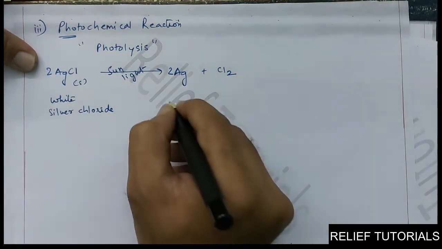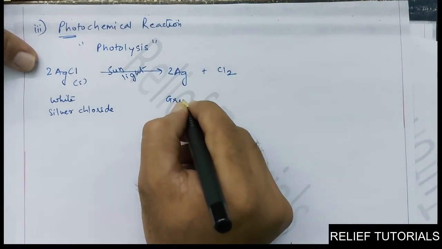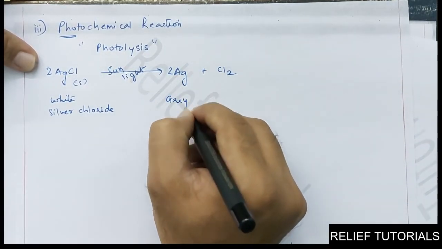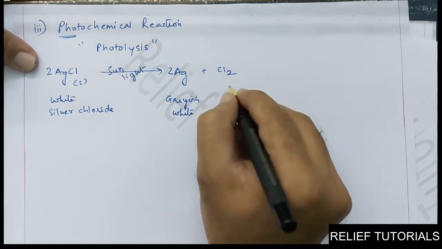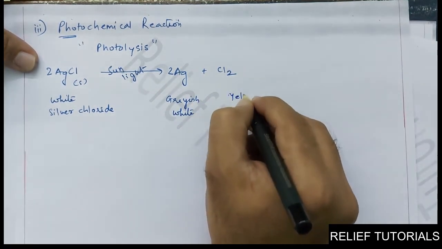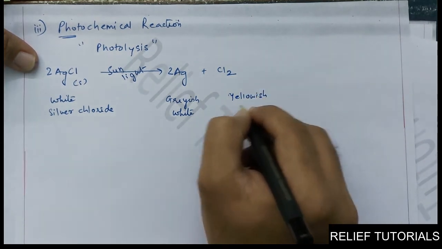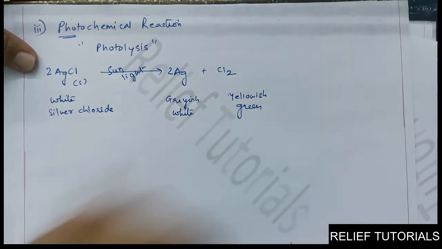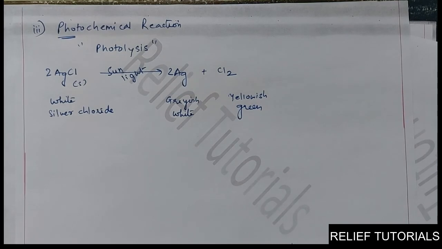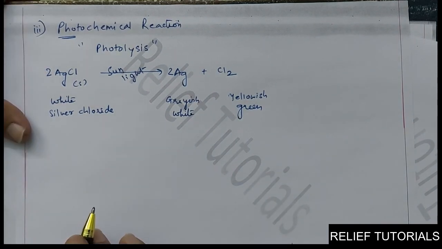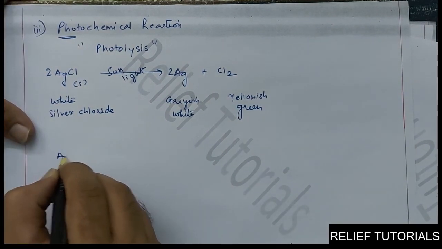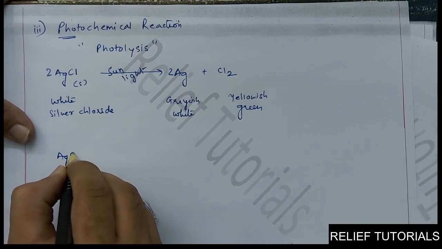We know the color of silver is grayish white and chlorine is yellowish green colored. So this way, with the help of light, decomposition reaction occurs. Another compound you can think of is silver bromide, AgBr.